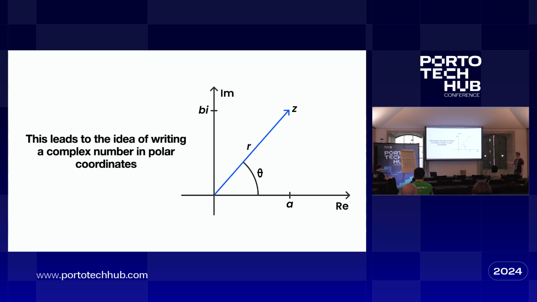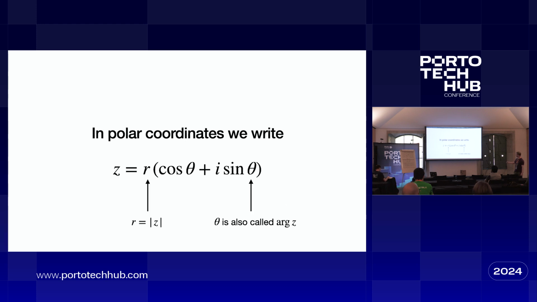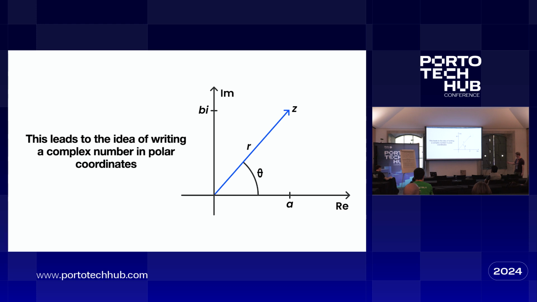If it wasn't clear, the length of this line is the magnitude of the complex number, times cos theta plus i sine theta. Back to trigonometry. Who remembers which one's sine and which one's cos? Which one's this one? Cosine, exactly. Which one's this one? Sine.